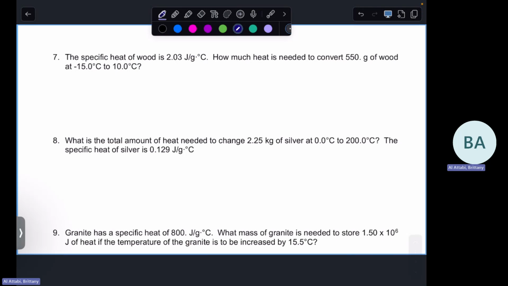Oh my God. When in doubt, calculator it out.